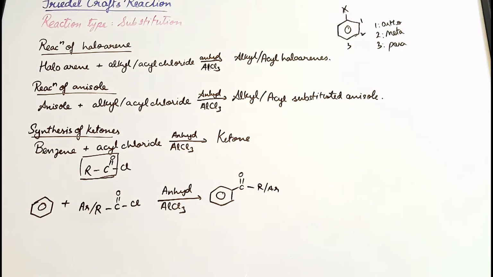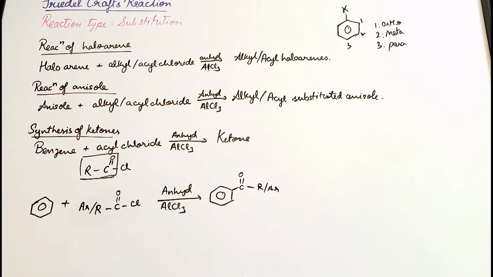Actually, even phenols do undergo Friedel Crafts reaction, but I believe that's not given in your textbook. So that's about Friedel Crafts reaction. It follows the basic thing that benzene and substituted benzene compounds react with alkyl or acyl chloride in the presence of anhydrous aluminium chloride to give rise to various products. And that's all about Friedel Crafts reaction.